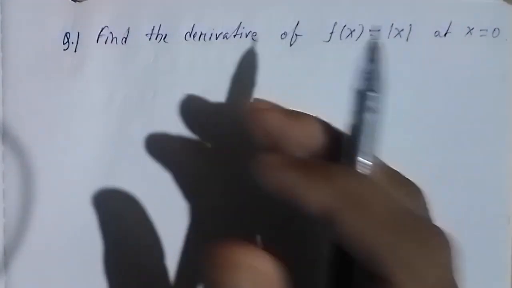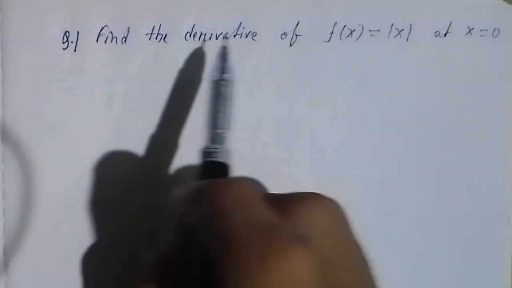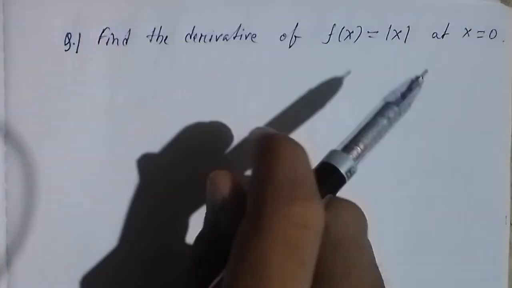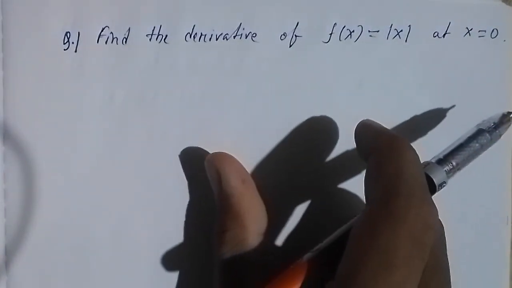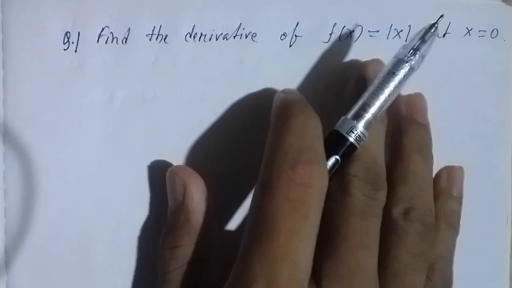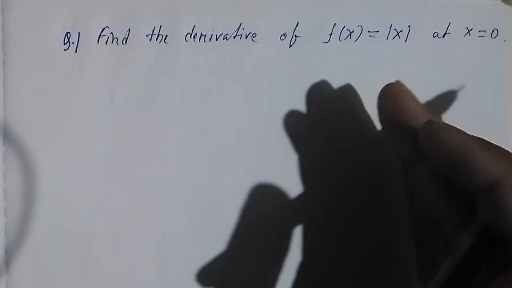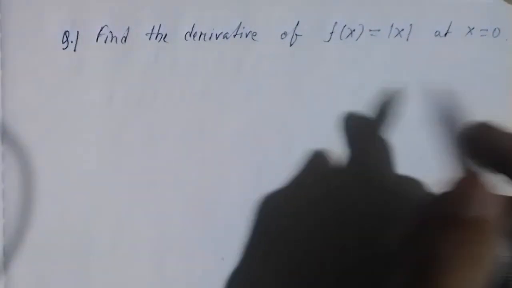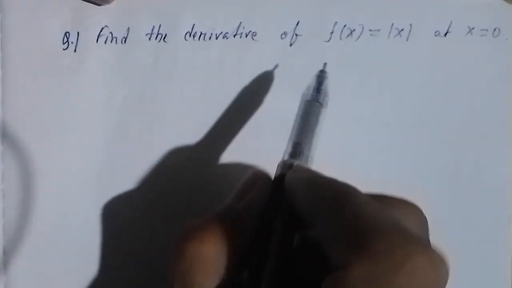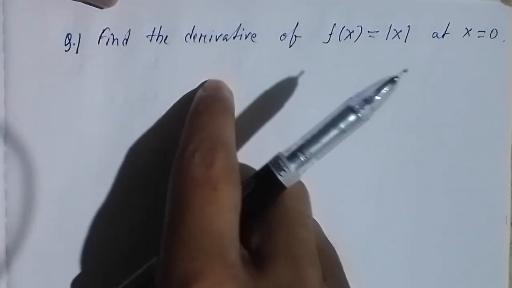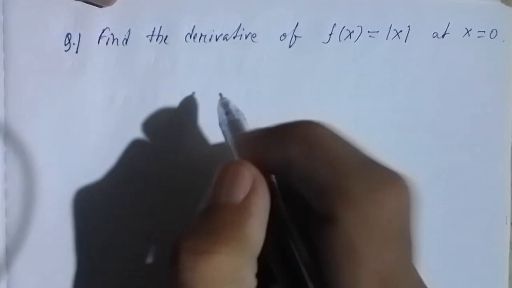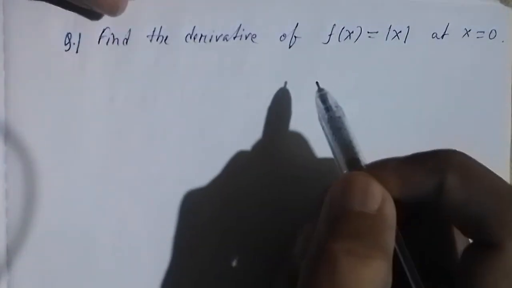Before going to the solution of that question, I want to introduce you to some definitions here, because this question is not as easy as you think. So let's see. We have to introduce some definitions like left-hand derivatives and right-hand derivatives.